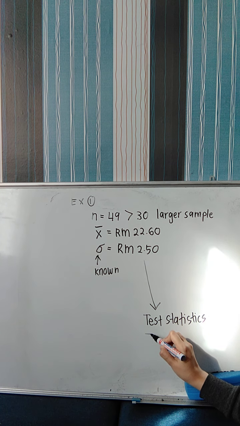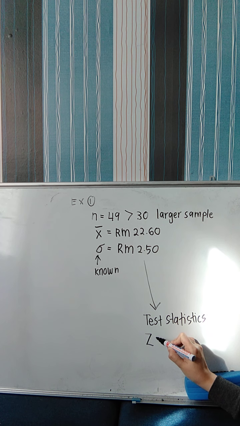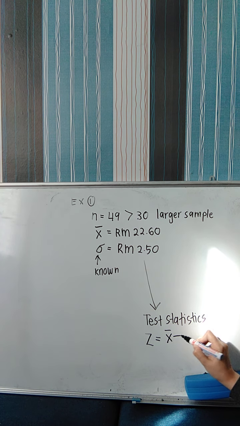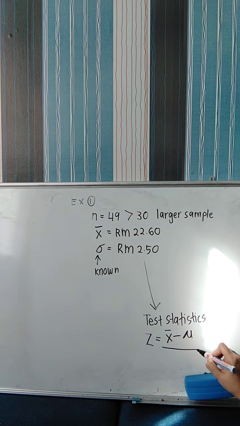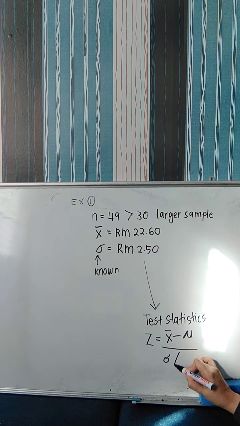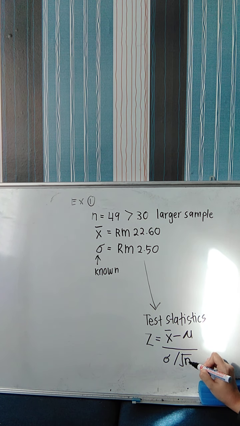So the test statistic that you need to use is Z equals X bar minus mu divided by standard deviation over square root n.